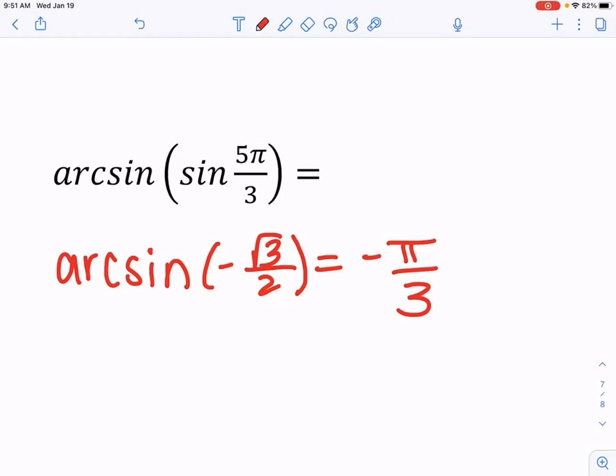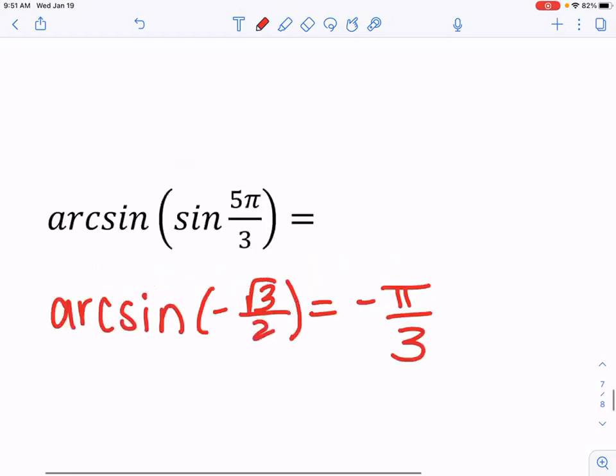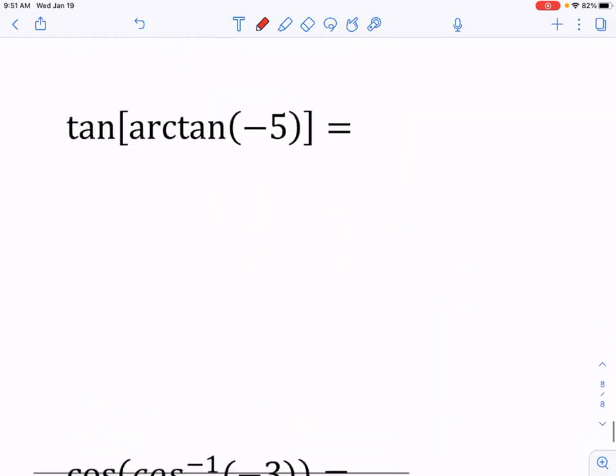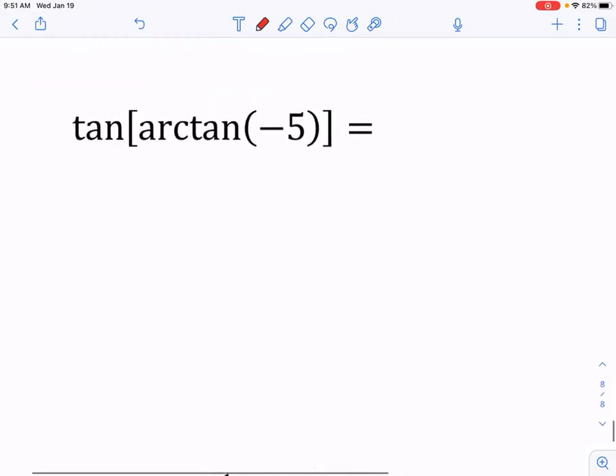Honestly, if it were me, since these inverse trig ones are so picky, I wouldn't even try to do this right here. I would just do it step by step like we did in this, okay? Don't even try to cancel them out because it's not gonna happen very often, okay? Go and write this one down.